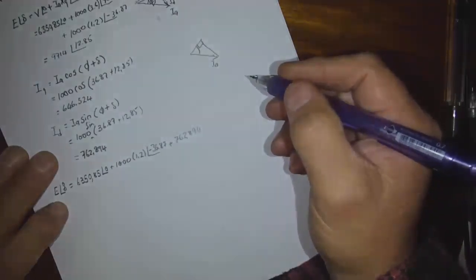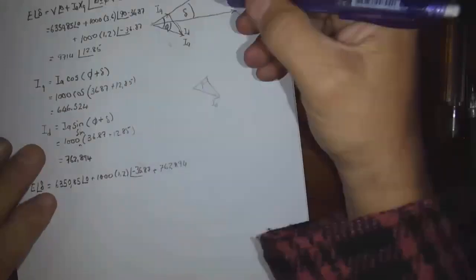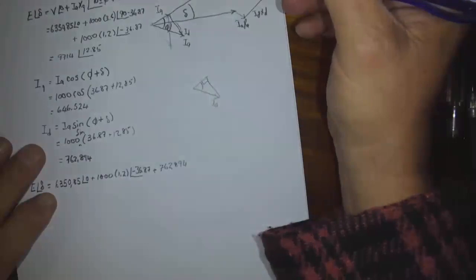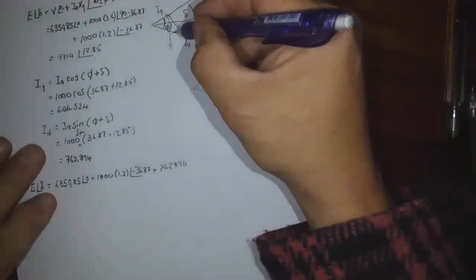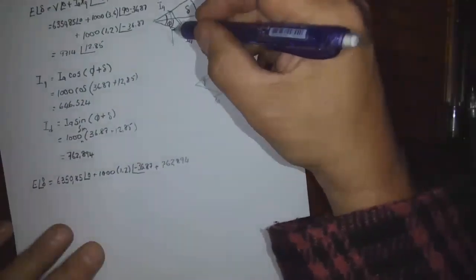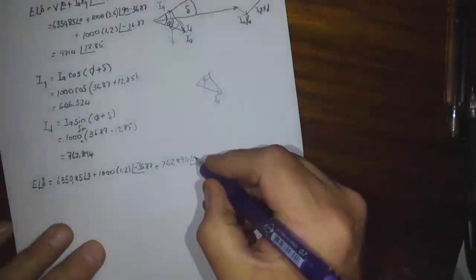ID, what is the angle of ID? It's 12.85, the load angle. So that angle there is the same as delta. There is delta, 12.85.